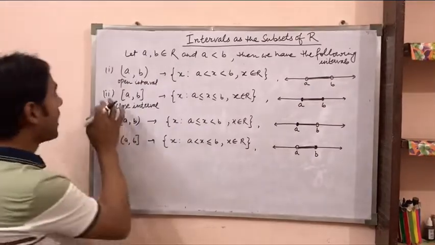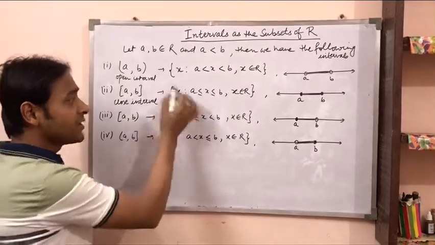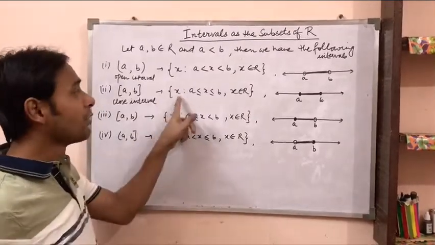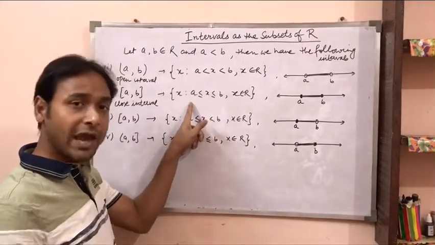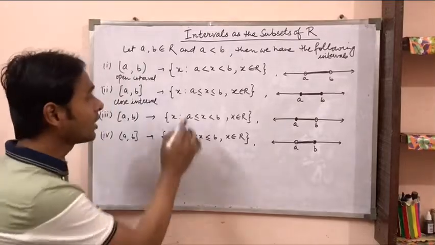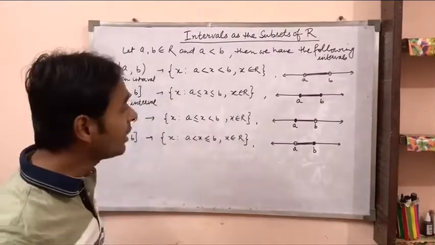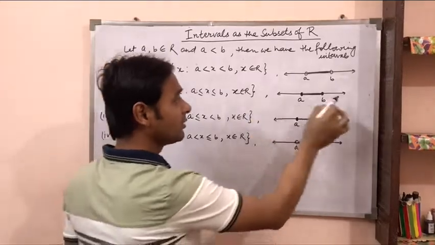Now, I am coming to the second, that is the closed interval. Closed interval are the points which are lying between A and B, as well as the corner points are also included, and X is a real number. This is a number line.